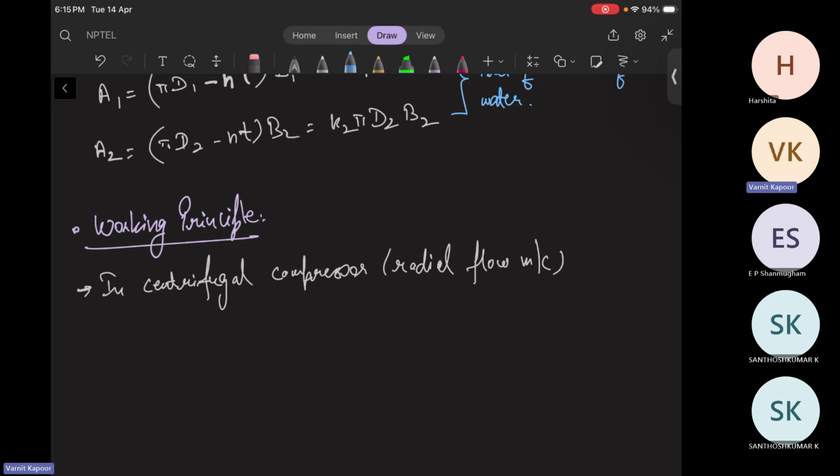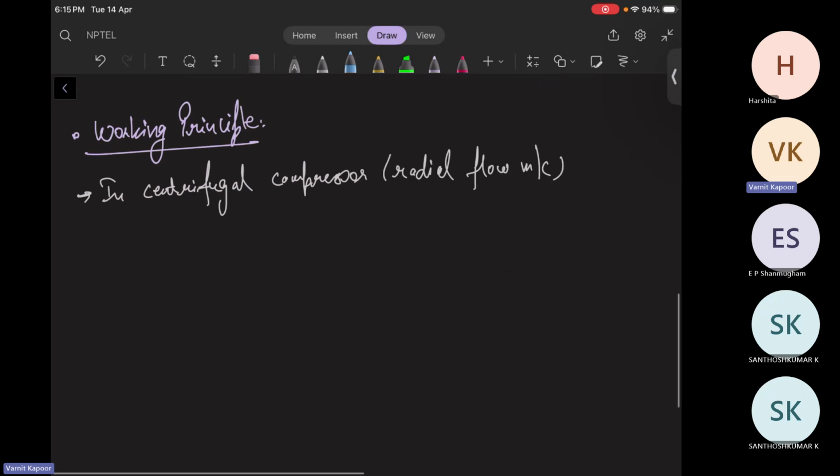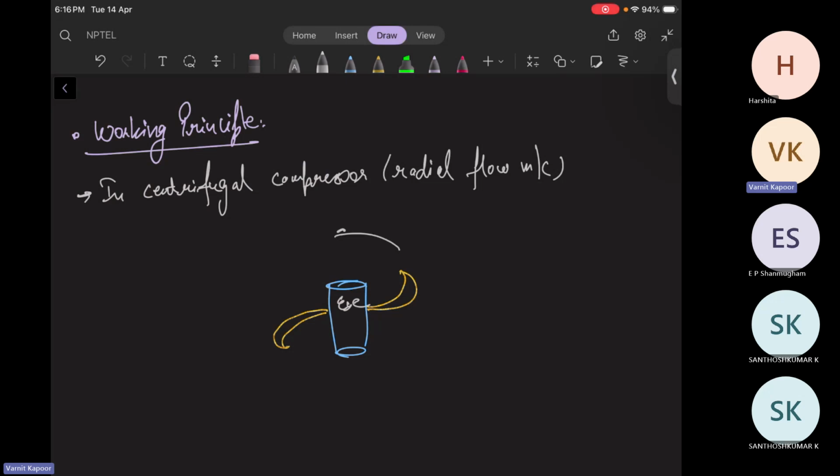Suppose I want to help you visualize it from the front view. Let me show you. So this was your complete rotor. On the rotor, you have vanes attached to it. Which you observed from the top, but from the front it will look like this, and it is moving like this, at omega, suppose some speed, the complete setup was moving like this.